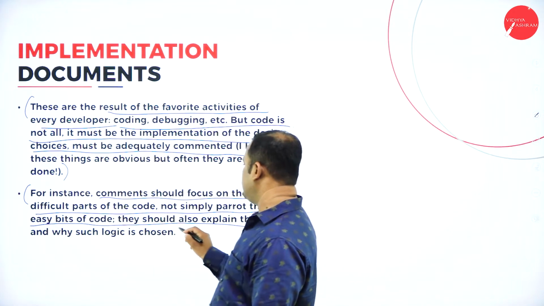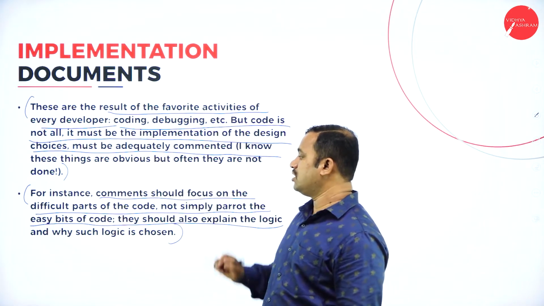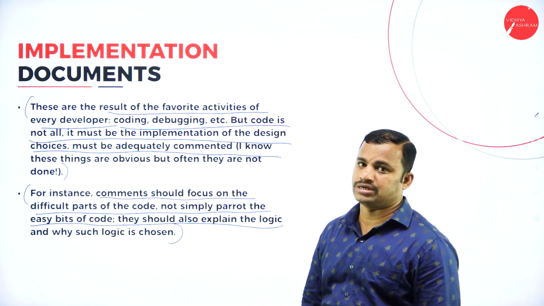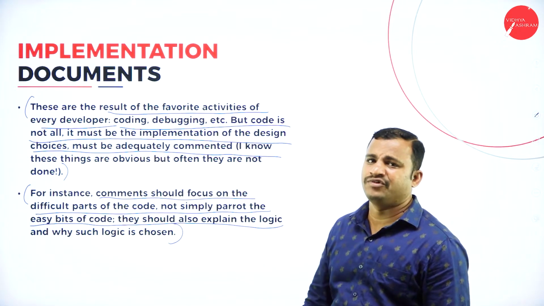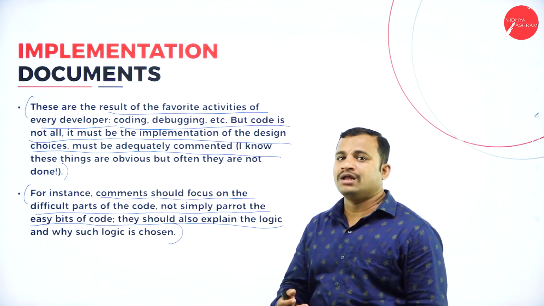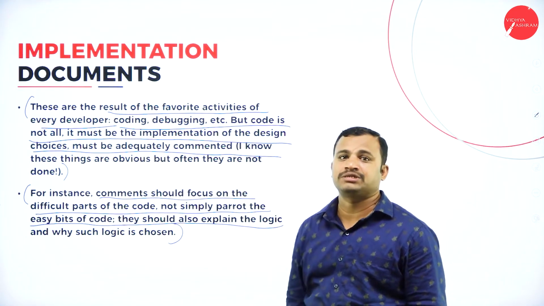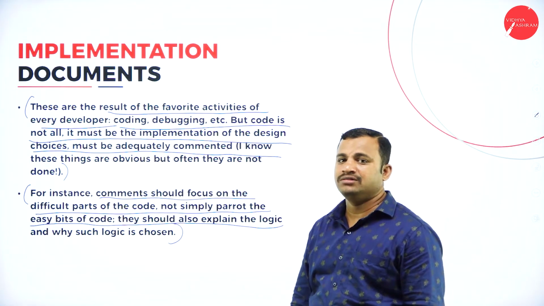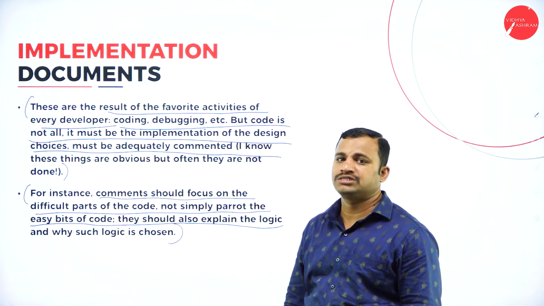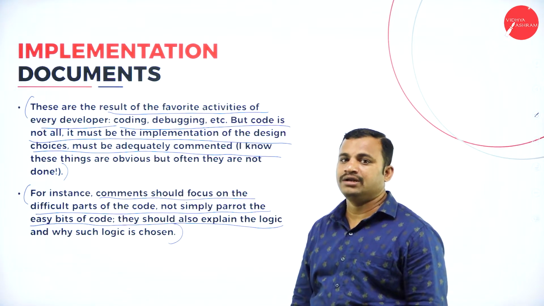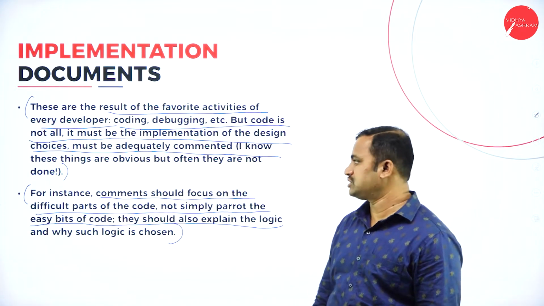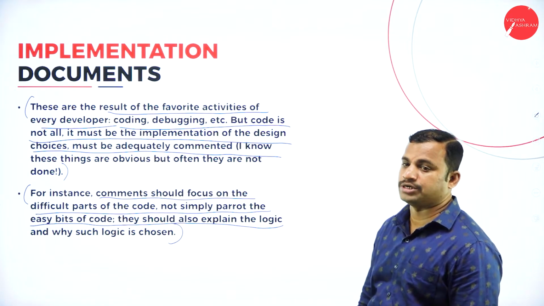They should also explain the logic and why such logic is chosen. That means comments are very helpful for developers who analyze code written by other people. That is the reason we require comments along with the code written in programming languages, during the implementation documents.